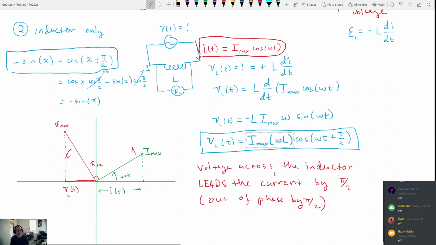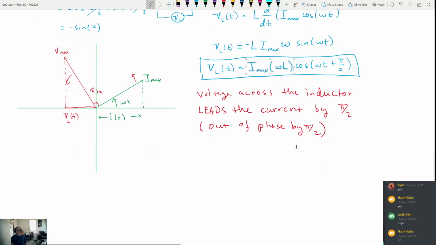Okay. The next thing that we're going to do is we're going to look at that piece right there. Notice that we have this in the voltage function. We have this overall factor here, which is basically the amplitude, which is Imax times omega L. So we know that has to be the maximum voltage because cosine of omega t plus pi over 2, the biggest this can be is 1.